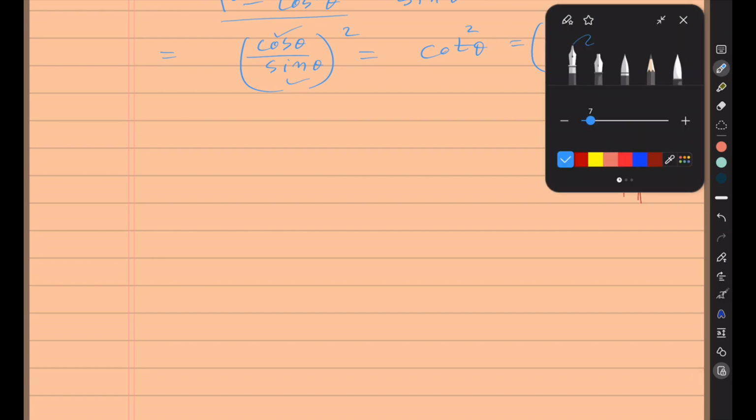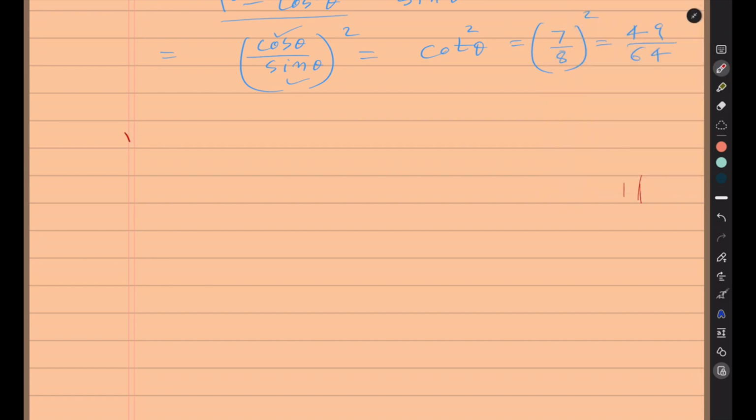Let us take another problem. It's problem number 8. So let us see what it says. It says that 3 times cot theta is equal to 4. It's given.